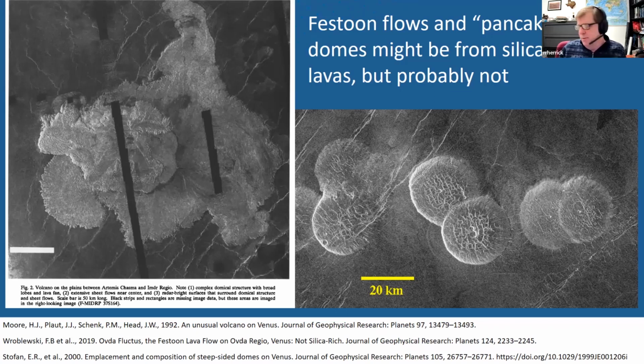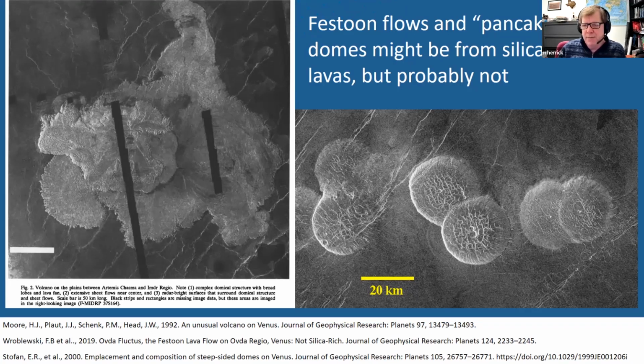However, there's been some work that has, I would say, cast pretty credible doubt on that interpretation. The pancake domes, in terms of their surface roughness, are really quite smooth on the tops, and they're also much larger than the silicic domes that you see on Earth.